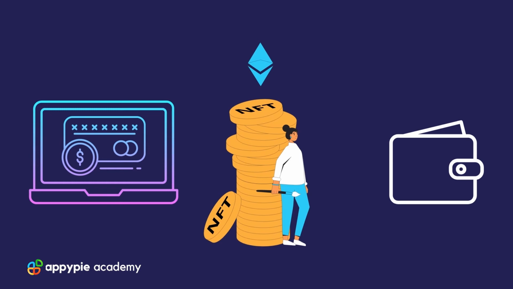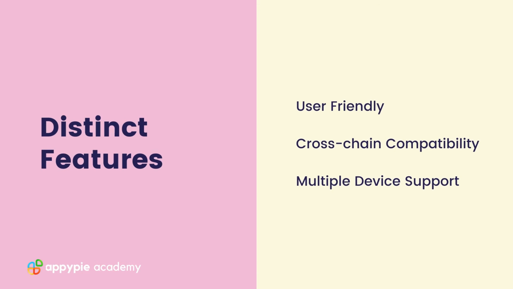Now, you would come across another trouble of finding a non-fungible token wallet best suited for your need. All non-fungible token wallets have different features, and you have to look out for the essential traits for avoiding any confusion. So, some of the distinct features to look for in the most popular non-fungible token wallets, the most important features that can help you find the ideal non-fungible token wallet according to your requirement, may include these.